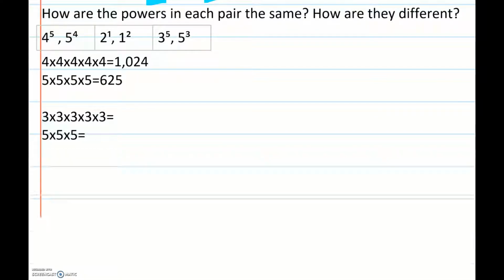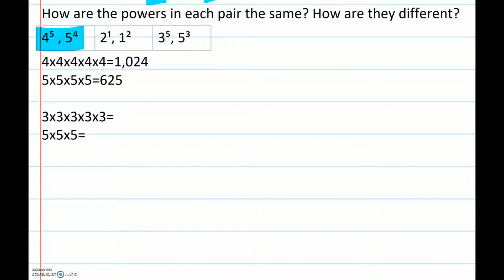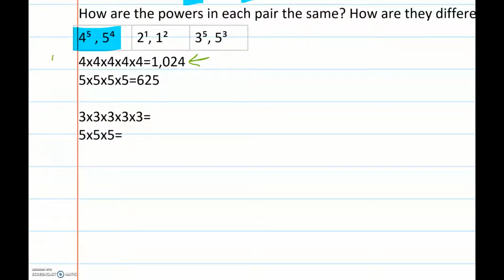So we got those 2, which is the first set, right? That's this set here. And I'm going to say that this one here, what was it? 4 to the 5. Well, 4 to the 5, the exponent is higher. So I'm going to write that down. Exponent higher.